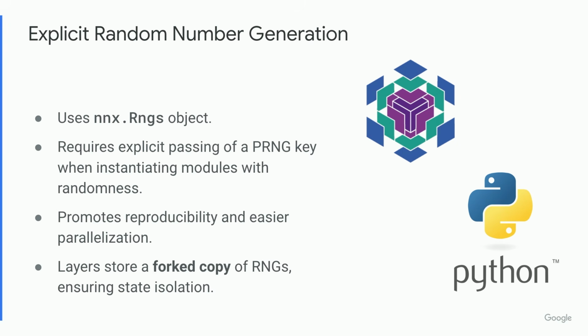JAX requires explicit handling of random numbers, and NNX provides the nnx.Rngs object to manage this. This is crucial for reproducibility, but NNX makes this even more robust. When you pass an Rngs object to a layer like nnx.Linear, the layer doesn't just hold a reference to the original, it creates its own unique forked copy of the RNG state.